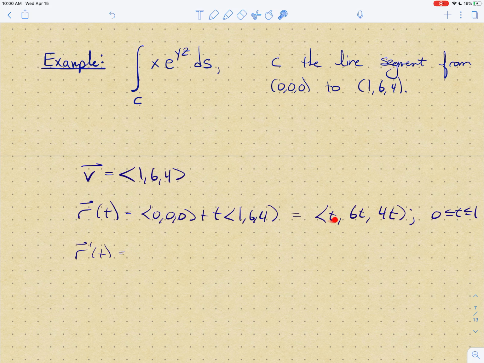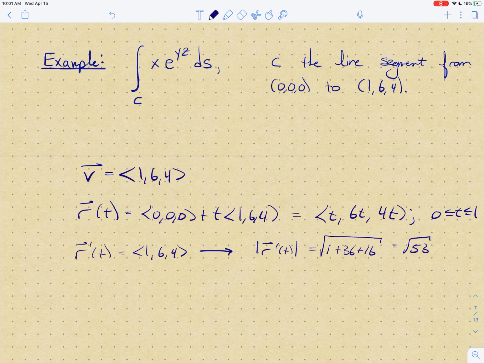When you compute r prime, you're just taking the derivative with respect to t of each component. You're just going to get 1, 6, and 4. You just get the direction vector. And now we can compute the length of r prime. Let's see. 1 squared is 1, 36, and 16. So this should be the square root of 53, I believe. Yeah. So square root of 53.